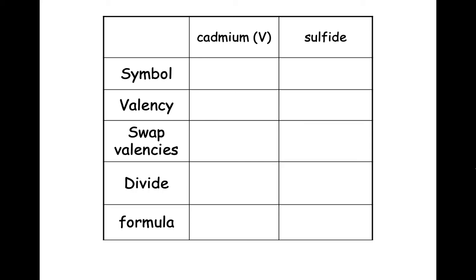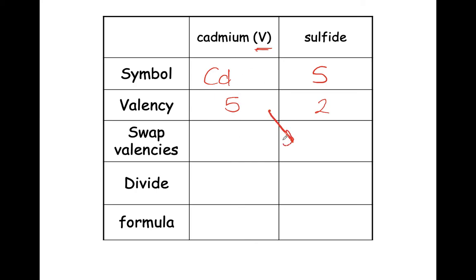Another example then would be cadmium(V) sulfide. Now if we consult our periodic table, the symbol for cadmium is Cd, and the symbol for sulfur is S. Our Roman numeral tells us that the valency of cadmium is 5, and the valency of sulfur, which belongs in group 6, is 2.